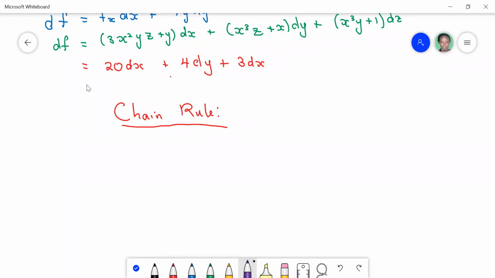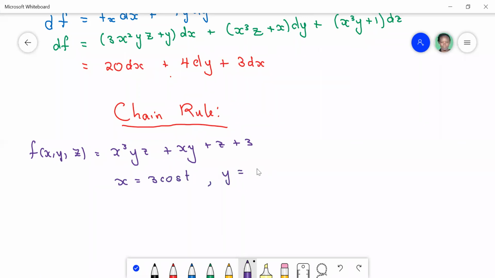So let's say I give you this same function I had previously, f of x, y, z, equal to x cubed yz plus xy plus z plus 3. And I tell you x is equal to 3 cos t, y is equal to 3 sine t, and z is equal to 2t.